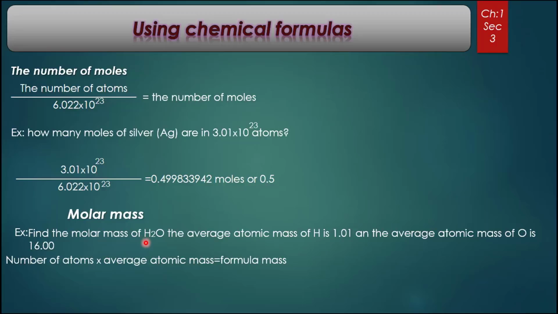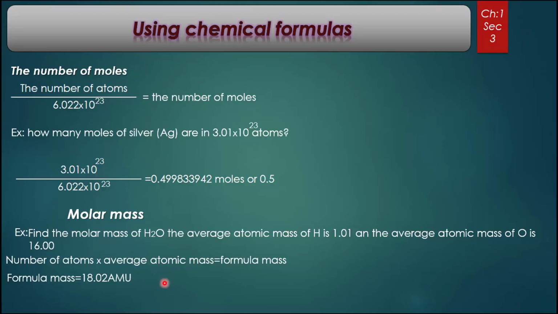Find the molar mass of H2O, or water, which is its popular name. The average atomic mass of hydrogen is 1.01, and you can find this in the periodic table, and the average atomic mass of oxygen is 16.0. So here, just use this formula to find the formula mass. I taught you how to find the formula mass. The formula mass is 18.02 AMU.